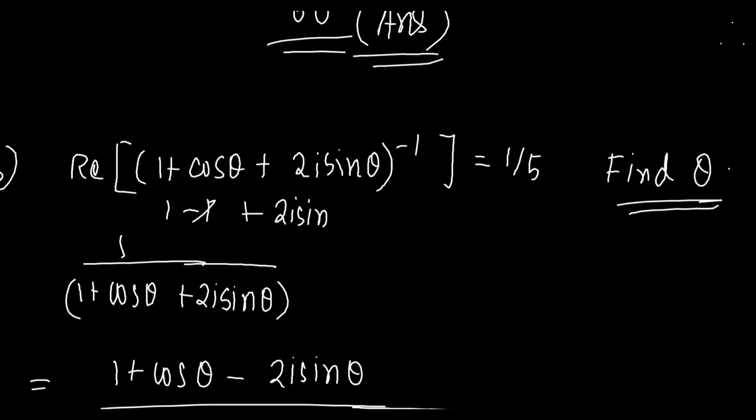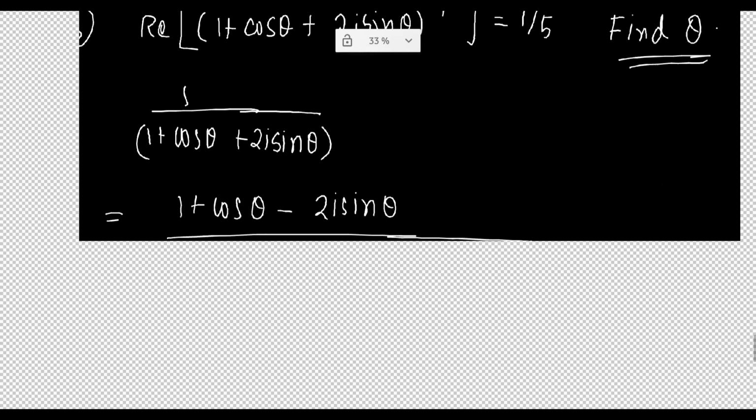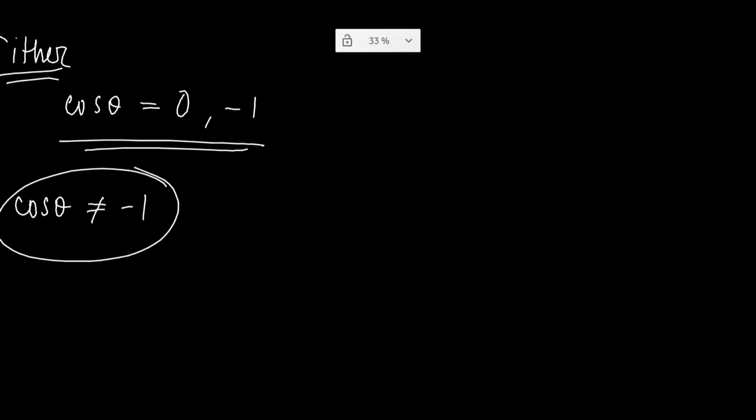So the 1 and 1 will get cancelled, and this will be a purely imaginary number. If cos theta is equal to minus 1, then this whole expression will be a purely imaginary number. So that cannot be happening. So we will neglect the value of cos theta as minus 1. You have to choose that cos theta is equal to 0 only.